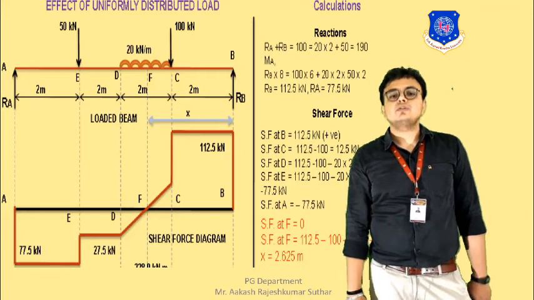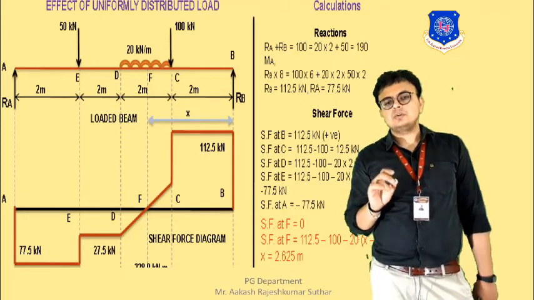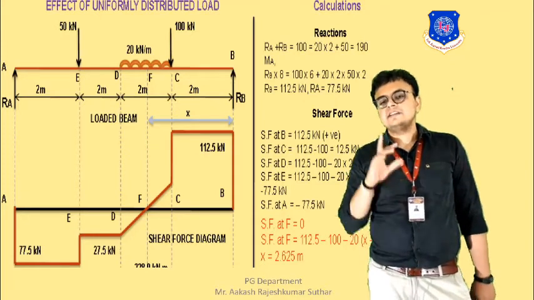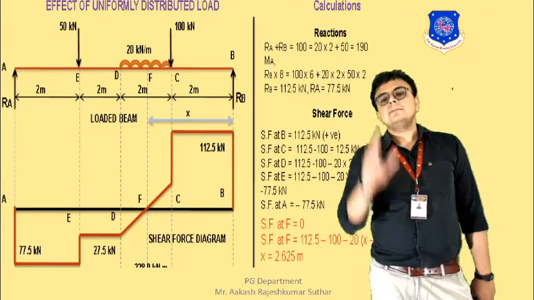Let's start with the shear force. The shear force at B will be equal to 112.5, in the positive direction, so it will be in the upward direction.